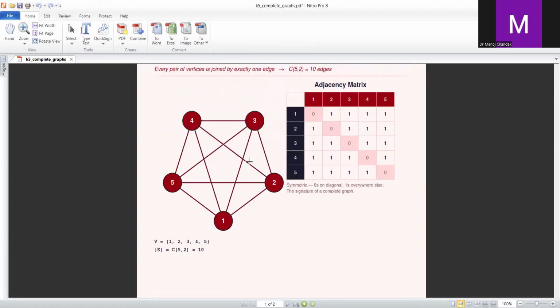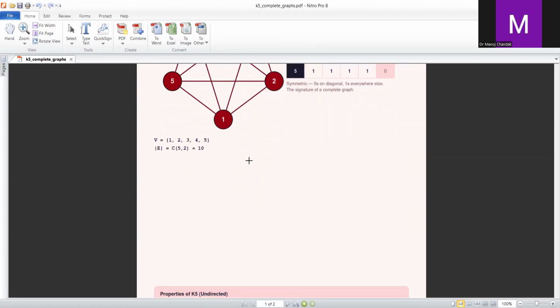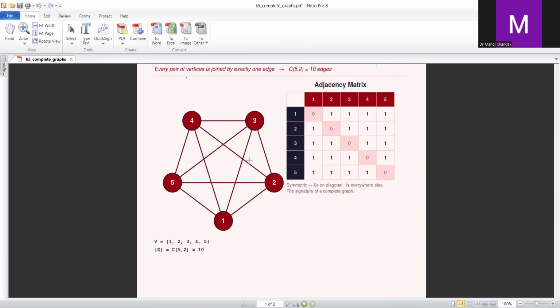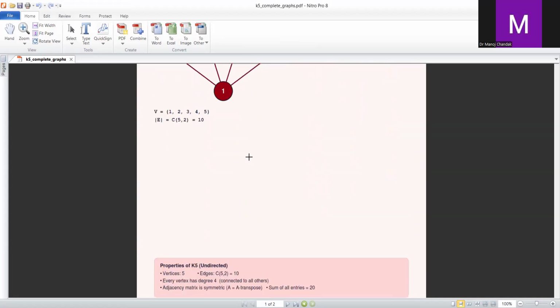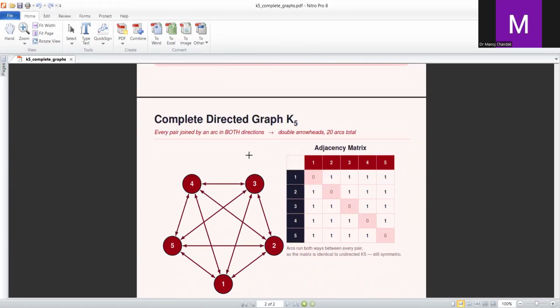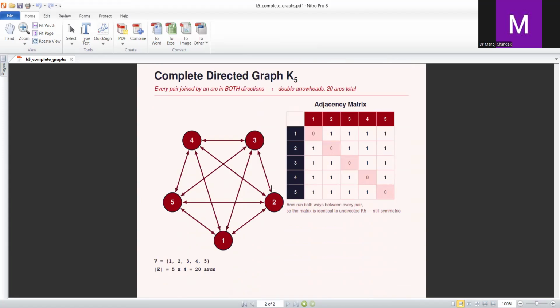So in this case, the matrix will be a complete symmetric matrix, and in the undirected graph it will be complete, but either lower triangular or upper triangular, whichever way you want to store it. So the memory requirement will be exactly half in the undirected graph, and in the directed graph it will be double. For example, here we have 10 locations with 1 in the upper triangular and 10 locations with 1 in the lower triangular.